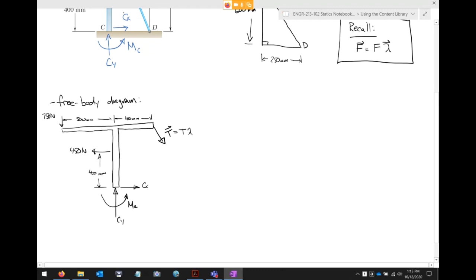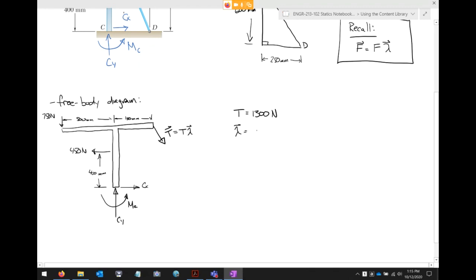It's the magnitude times the unit vector. So let's tie this to the stuff that we did in the past. The magnitude of that vector is 1,300 newtons. Now, how do we get the unit vector?